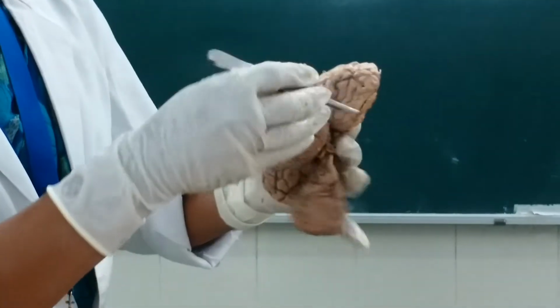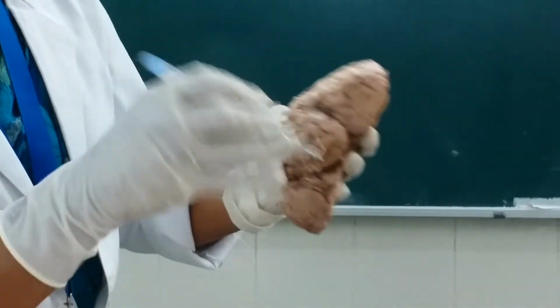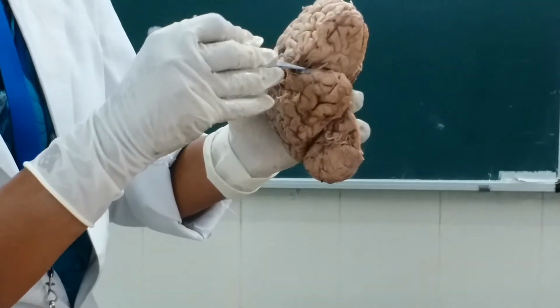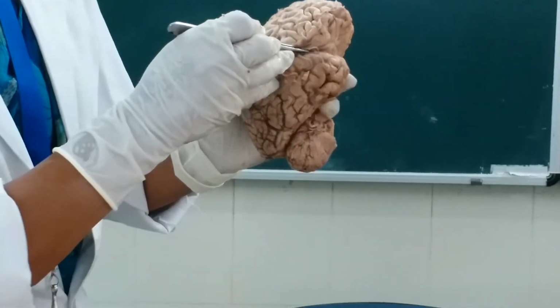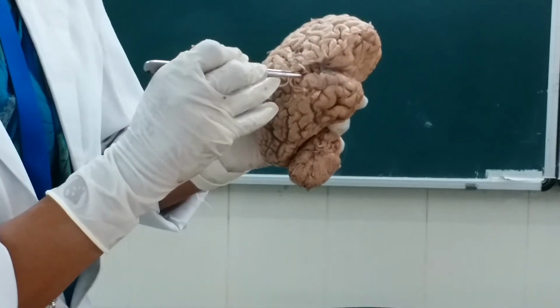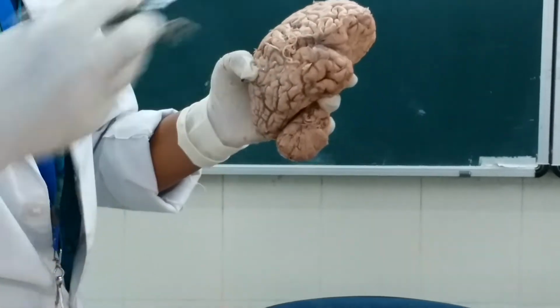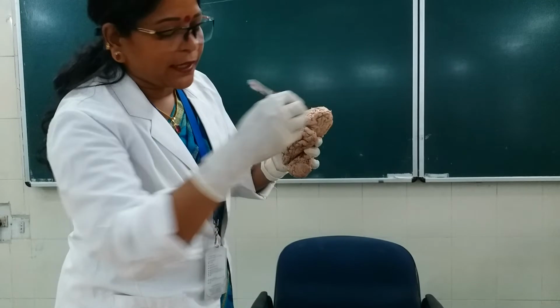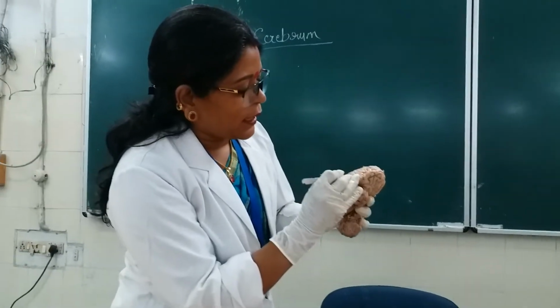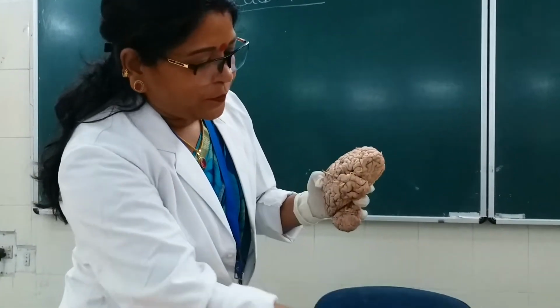But at the superolateral surface, it runs horizontally. The stem of the lateral sulcus runs horizontally, and when it comes to the superolateral surface, it is divided into 3 rami, isn't it? Look here.